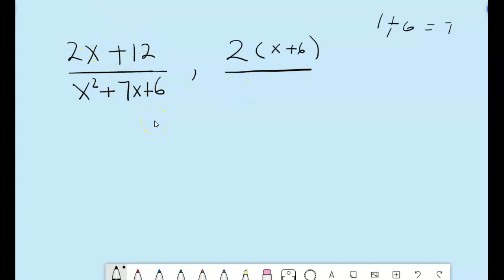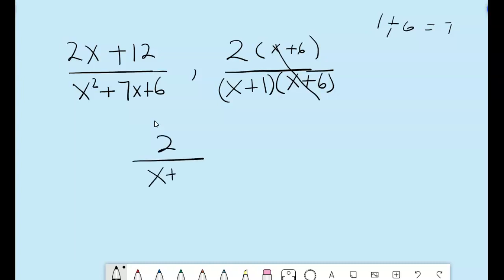So we can rewrite that one as x plus 1 and x plus 6. And this x plus 6 is common, so they become 1, leaving us with 2 on top and then x plus 1 down here.